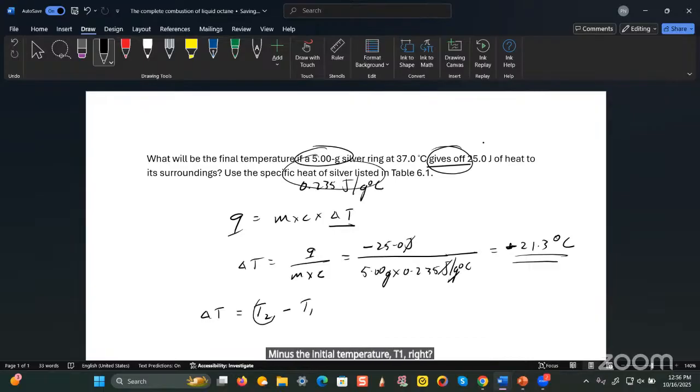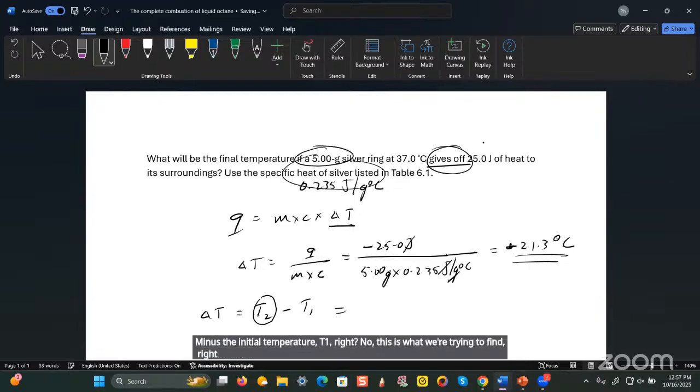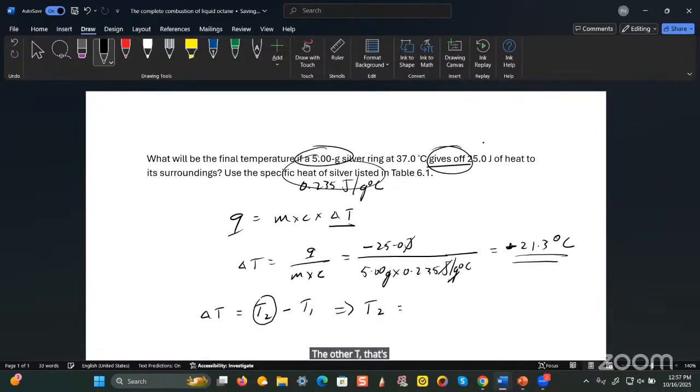Now, this is what we're trying to find, right? So if you want to find the final temperature, T2 will be equal to delta T plus T1, all right?